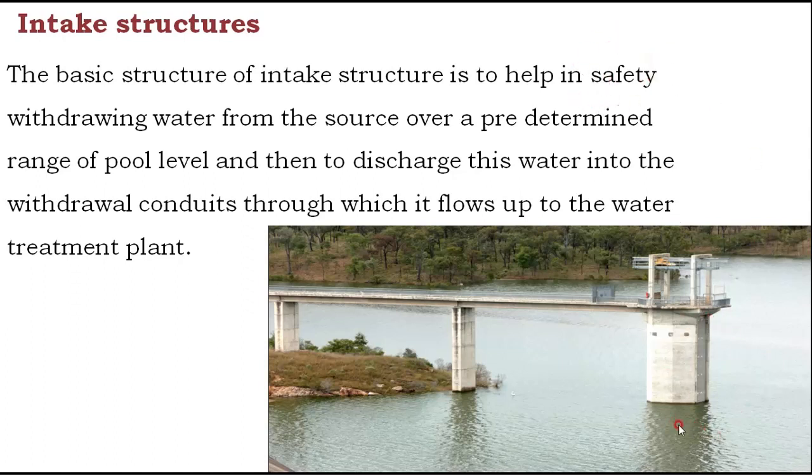Whenever you withdraw the water from the water body to the intake structure, clean water should come. There should not be any pollution while collecting. Therefore, safely withdrawing water from the source over a predetermined range of pool level. Inside, one level will be maintained, that is called the predetermined range of pool level.